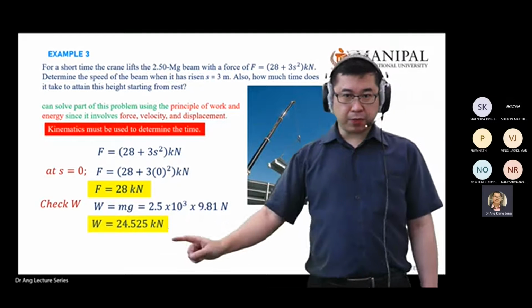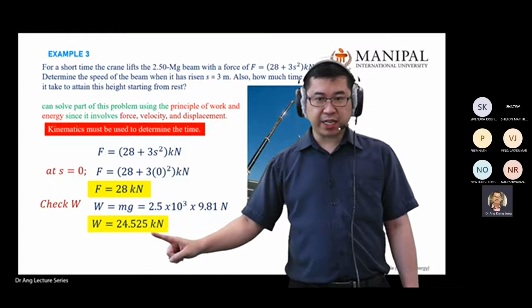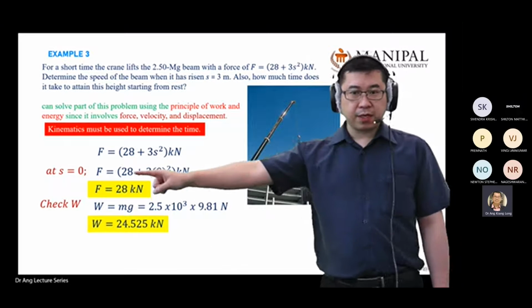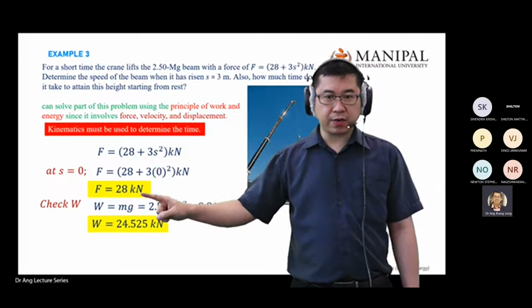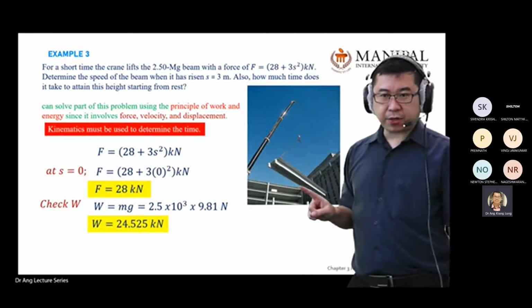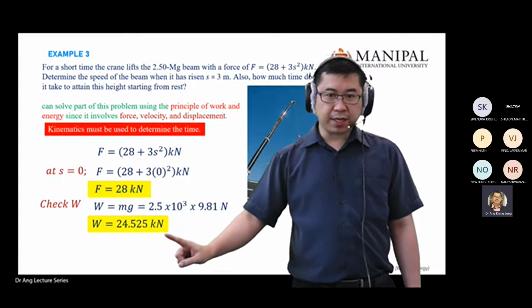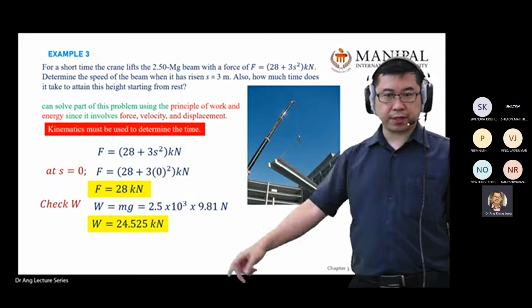So you get the weight W equal to 24.525 kilonewton. Okay. The first force, before it starts, your force is 28 kilonewton. So your weight acting on the body itself from the center of gravity, you get 24 something kilonewton. So you have two forces here.